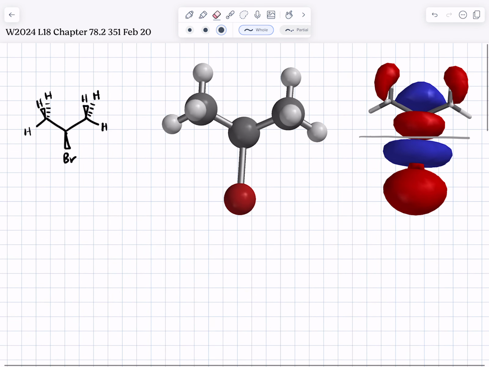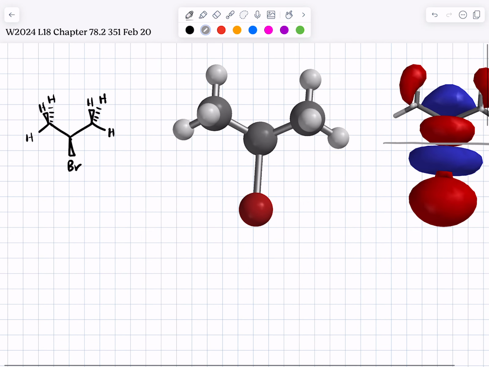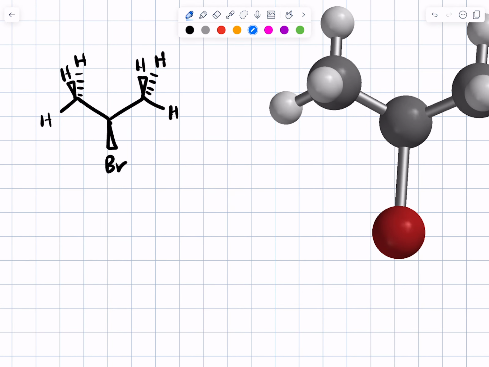So let's talk about what's going on, and before we do that, we need some tools, some nomenclature type tools, to describe the relationship of groups relative to each other. This carbon that contains the bromine group, it's adjacent to the bromine, we're going to call it the alpha carbon.